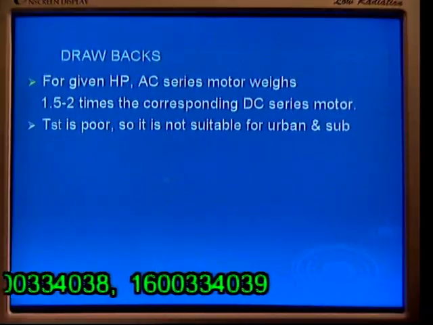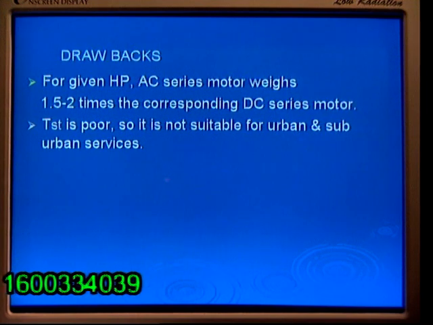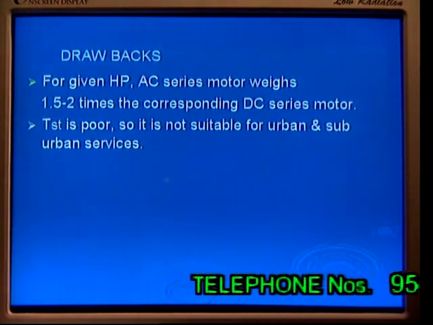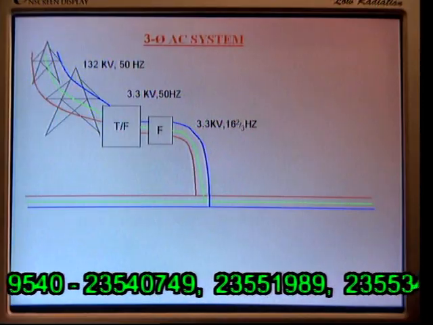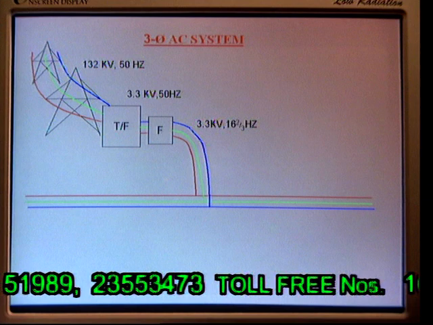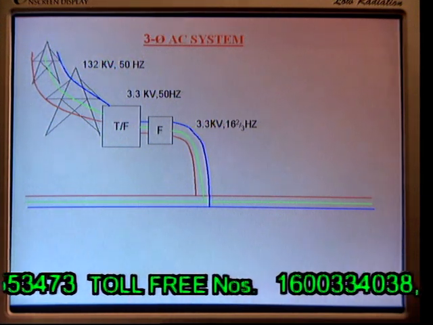Next, the starting torque is poor, so it is not suitable for urban and suburban services. So, let us go to another AC system, that is the 3-phase AC system. At a glance you can observe it is a 3-phase overhead line running over the track.